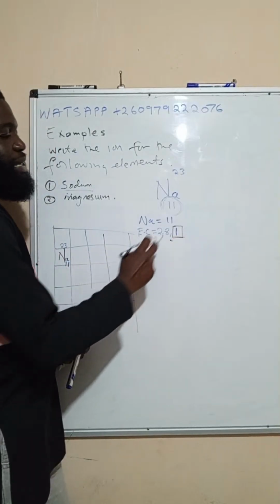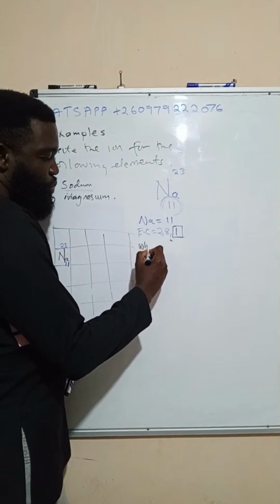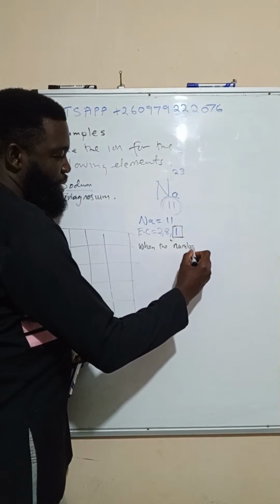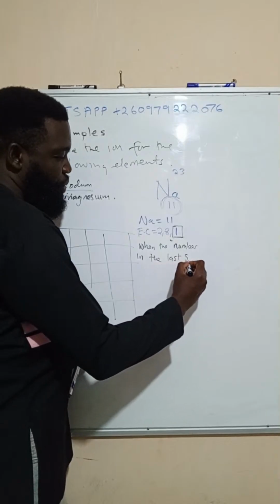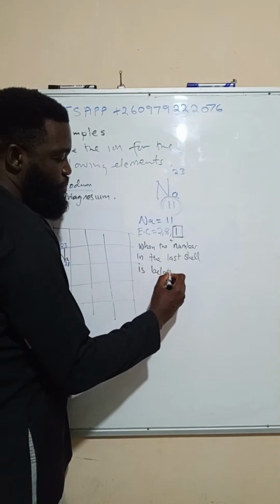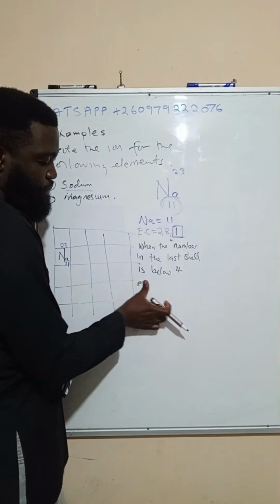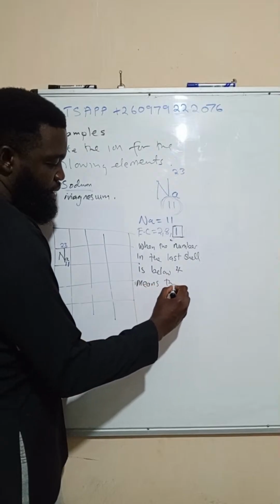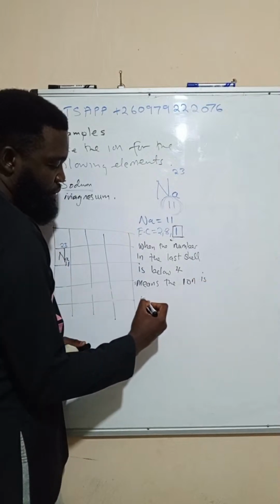When the number in the last shell is below 4, it means the ion is positive.